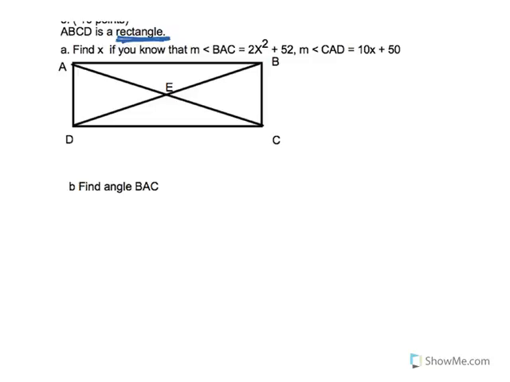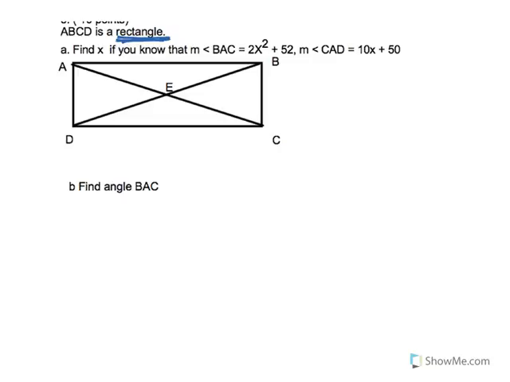Now, let's look at the figure. It says, find x if you know that the measure of angle BAC equals 2x squared plus 52, and then the measure of CAD equals 10x plus 50. So here we go. BAC. I put the information in the figure.